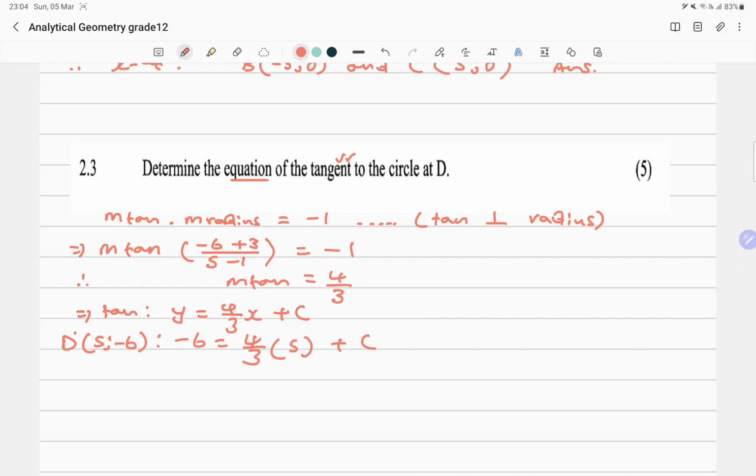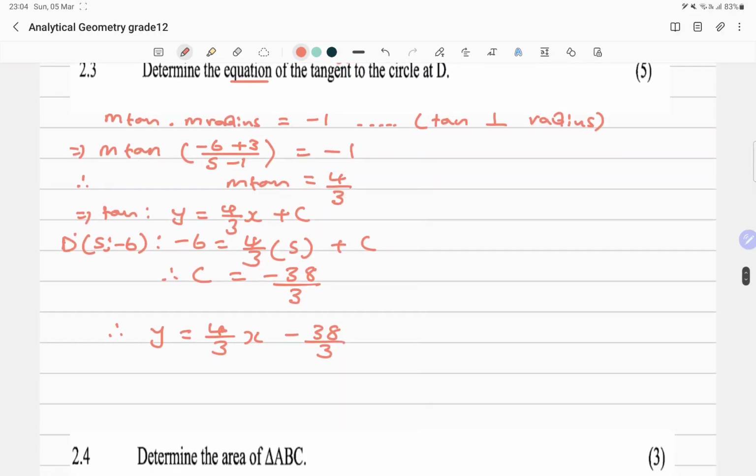Then you divide by 3. So we can say here, therefore, our c is going to be -38 over 3. Therefore, our equation of the tangent, y, is going to be equal to 4 over 3 x minus 38 over 3. Okay, that's the answer.